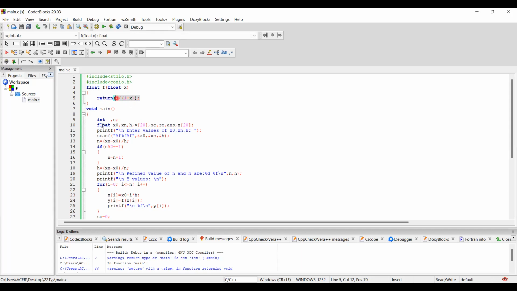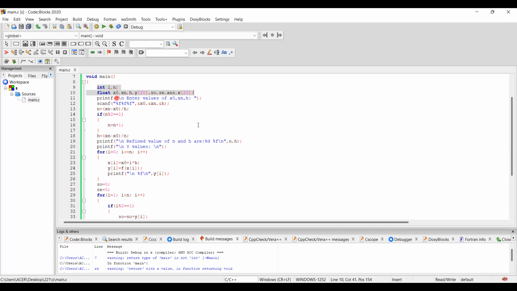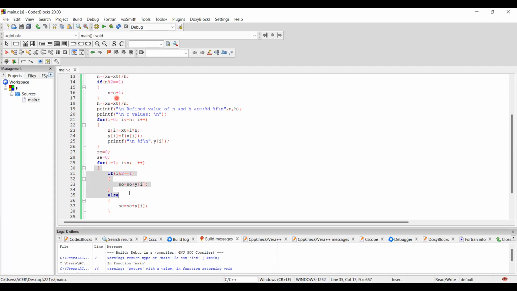These are the declarations, the variables and the functions to be used anywhere in the program. It is where it asks the user to enter the values of x0, xn, and h. So this is the value for n and h. These are the if else statements in here. So these are the formulas for x and y.